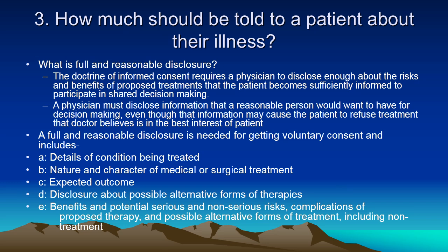The patient may say, I will not take treatment. But the patient must know the outcome and significance of saying that. That is, there will be no benefit and more risks.